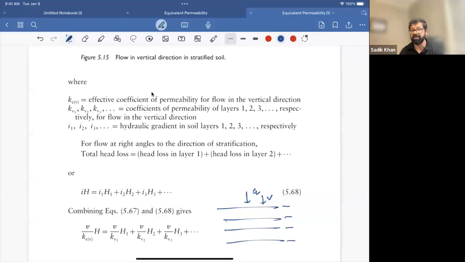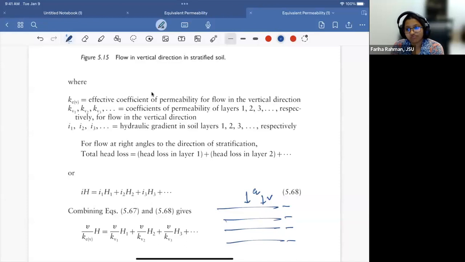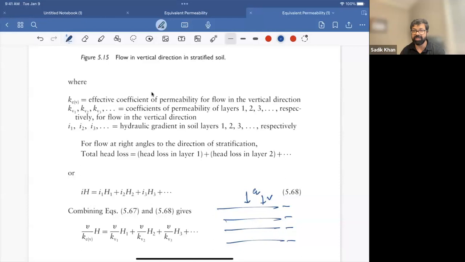What happens when water is passed through the soil, due to the seepage? Energy loss, pressure drop, right? There is always a pressure drop, so you have a potential difference.